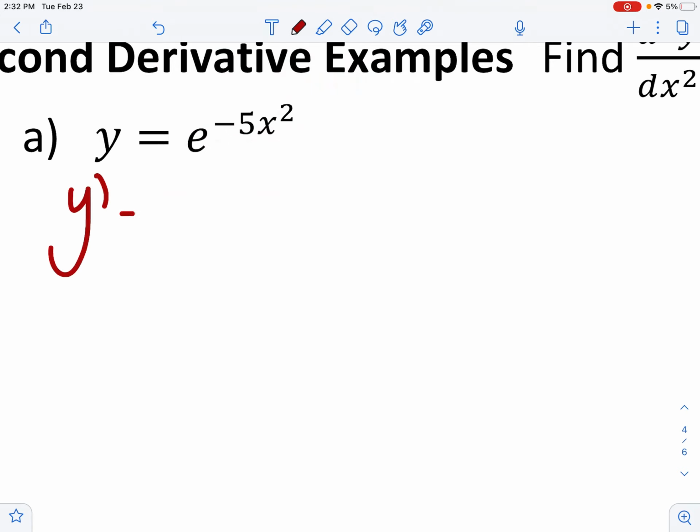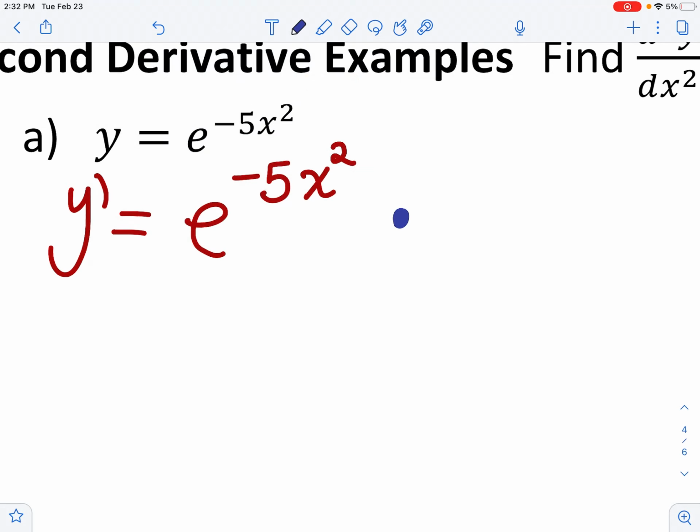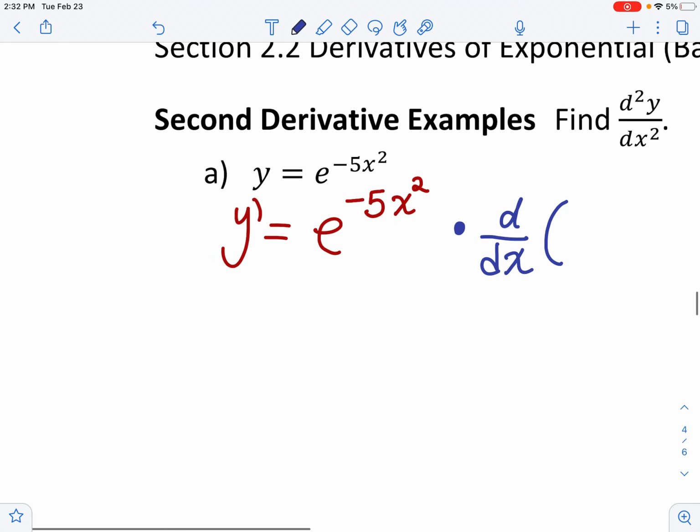Y prime is, you write that term exactly the same, with e raised to the negative 5x squared. Exactly the same, but what are we going to multiply this by? We're going to multiply this by the derivative of the exponent, okay? So we're really using the chain rule here, guys. So d/dx of negative 5x squared.